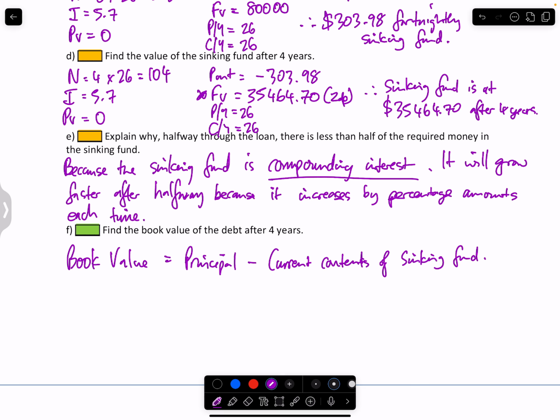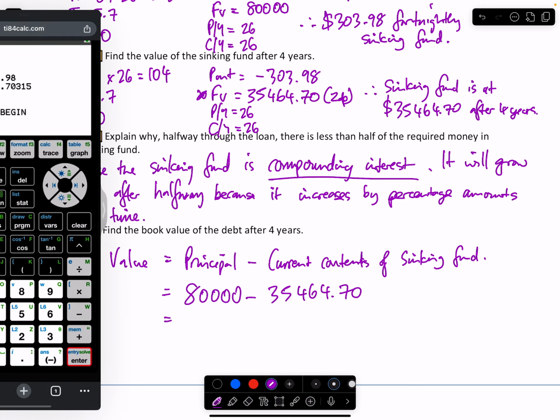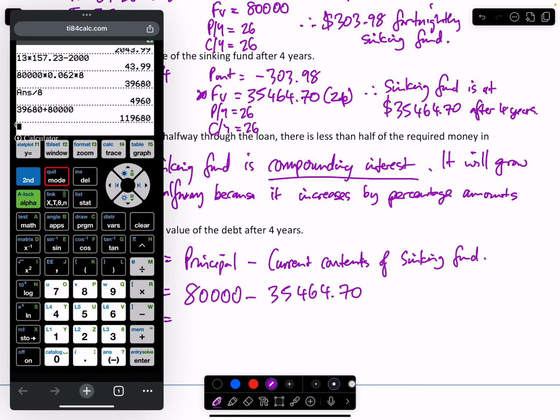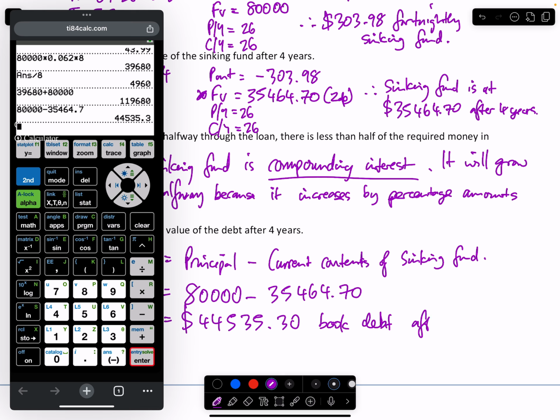Because you want to have 80 grand at the end, but currently you only have $35,464.70. So your book debt is going to be 80,000 minus 35464.7, $44,535.30 book debt after 4 years.